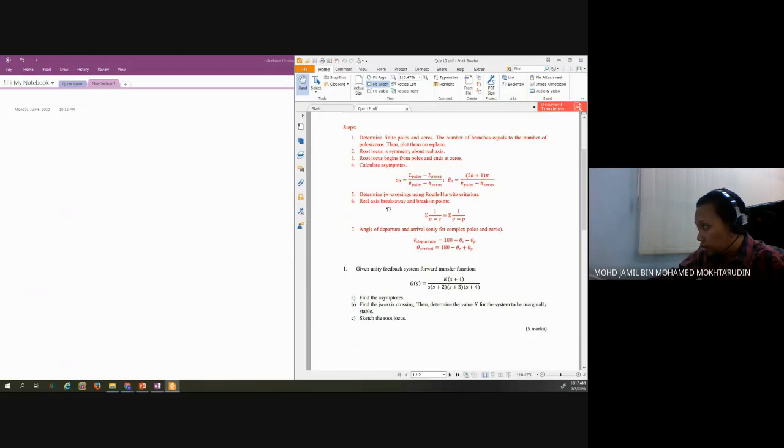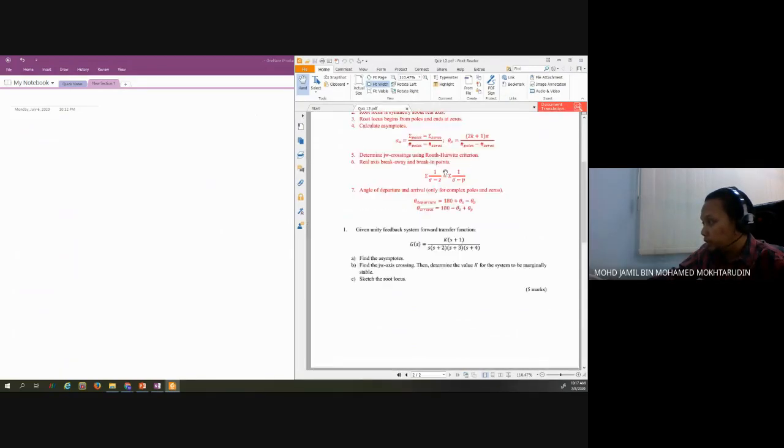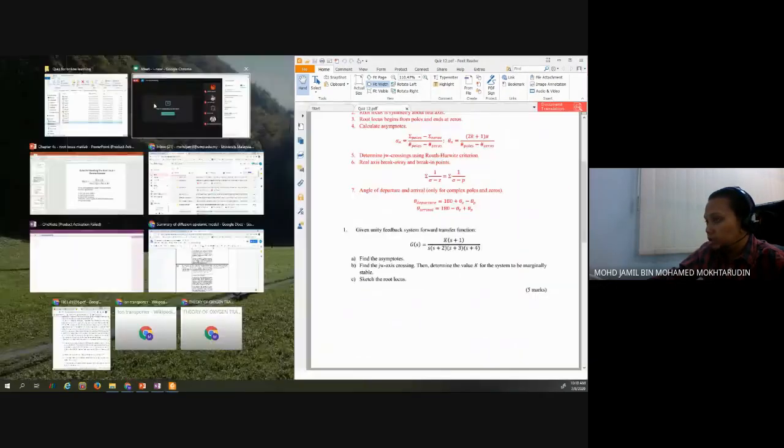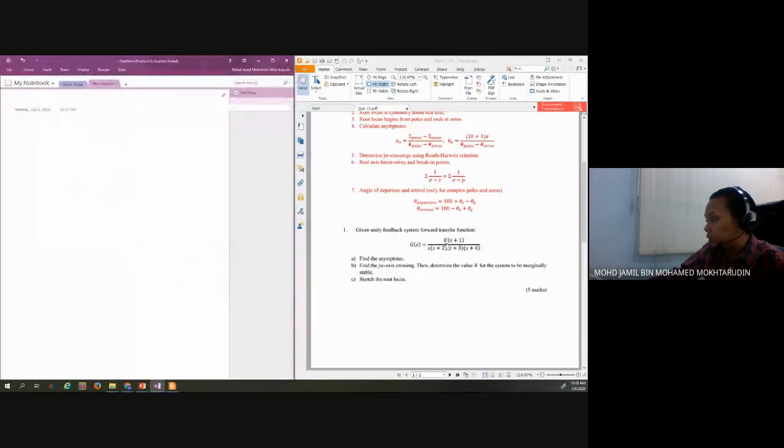These are the rules, the steps. So quiz 12, number 1. Given unity feedback system forward transfer function, G(s). The first question asks you to find the asymptote. So let's do this.